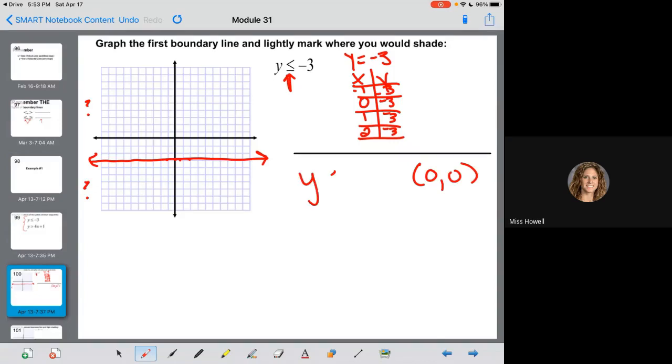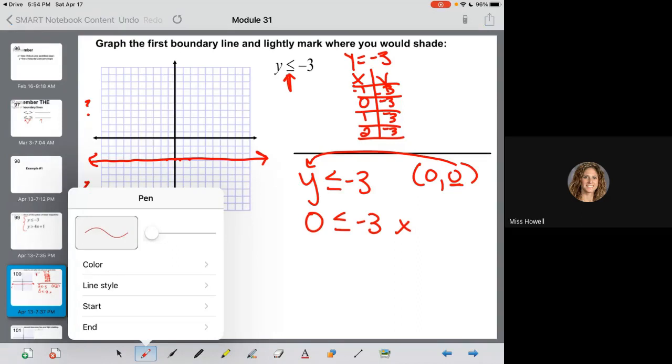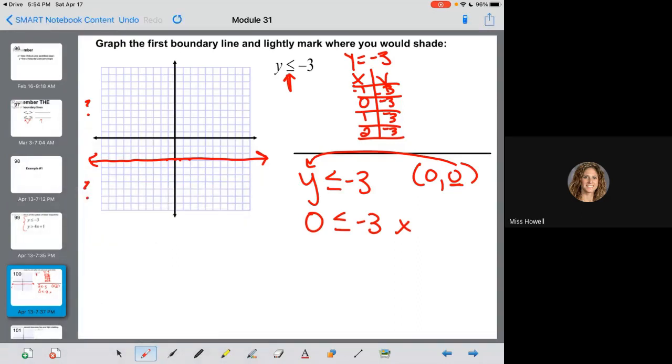So in our y is less than or equal to -3, this is the y. So substituted in. 0, is it less than or equal to -3? All right, that doesn't work. 0 is not less than or equal to -3. So what you want to do is super lightly, down here is the part where we would shade. I'm just going to real super light, just kind of put some X's down here so that I have them to reference. That's where we shaded for the first one.